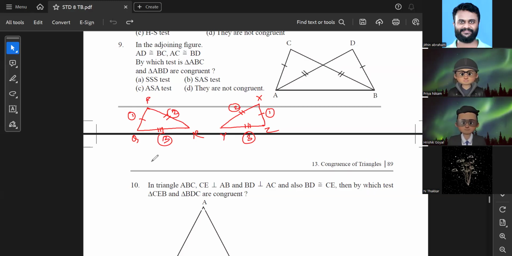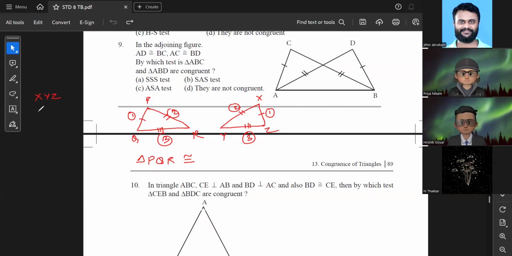So I've always told you that the sequence of sides or sequence of vertices is very important for us. So on one side, if I'm writing triangle PQR is congruent to, on the other side, how do we write the sequence? See, the triangle is definitely XYZ, but this XYZ can be written in various ways.